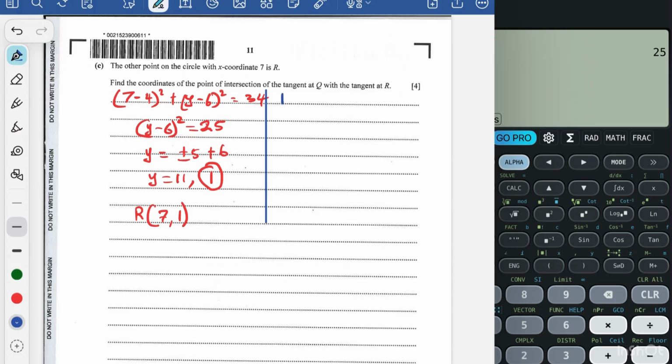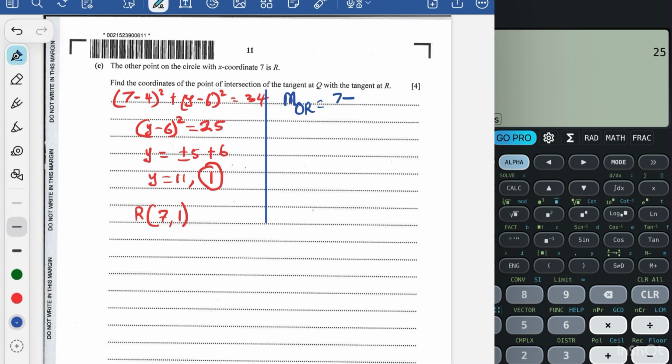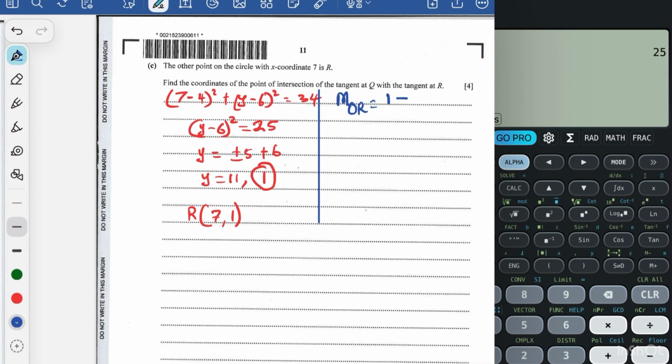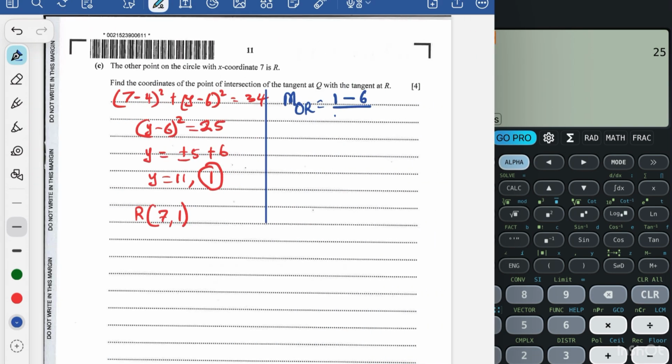So the gradient M of OR is 1 minus 6 over 7 minus 4, which gives me minus 5 over 3. Oh no, doing the opposite: 7 minus 4 gives 3, so the gradient is 5 over 3.